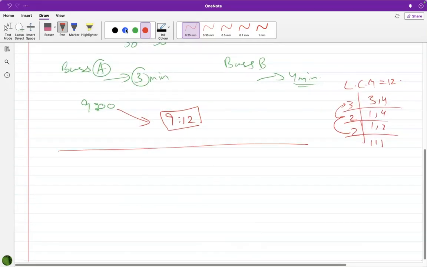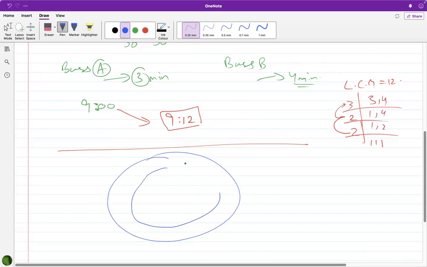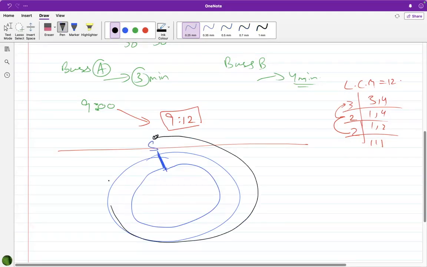We have a racetrack. Let's say this is the racetrack and this is the starting point. One car, car A, completes the track in 7 minutes, and car B completes the same track in 9 minutes.